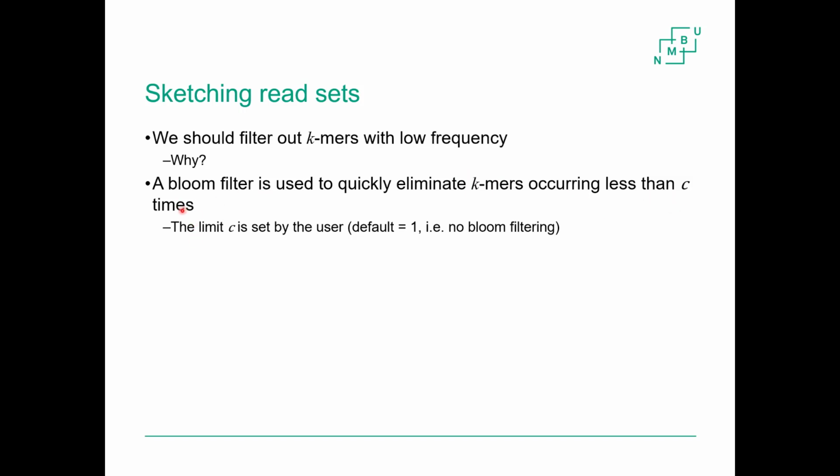So that's, again, a technique to speed up things. This limit C is set by the user, and by default is 1, so you don't really throw away anything. And this is fine when you look at genomes, as I said, then you have to use this value 1. Otherwise, you end up with almost nothing. Only the repeated regions will contribute with something. That's silly. But for read sets, this is sensible.